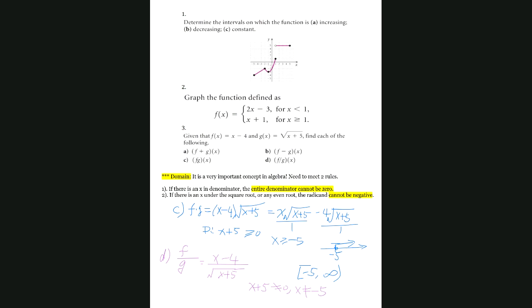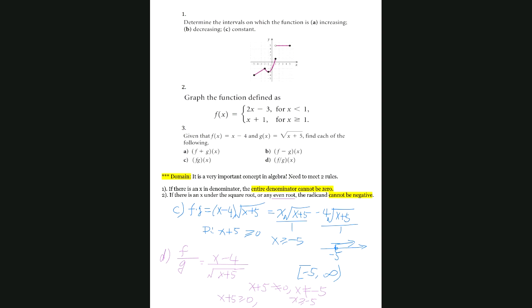Rule number 2, this is also under the square root, which is an even root, okay? And this cannot be negative. So x plus 5 will have to be greater than or equal to 0. And then you minus 5 on both sides, solve this one right here. x will be greater than or equal to negative 5, right? But you have to combine these two rules together.